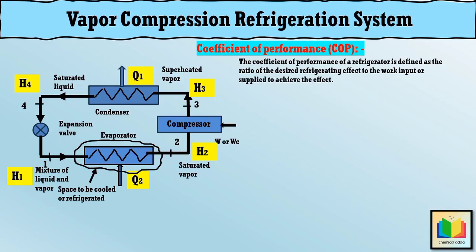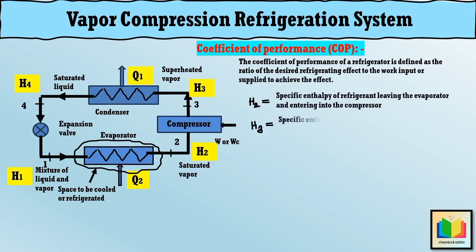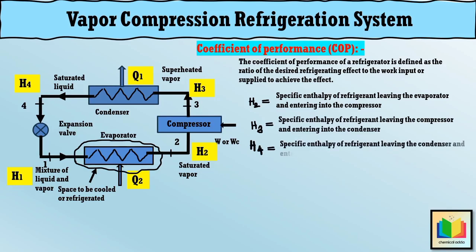So to derive the formula, first let us assume H2 is the specific enthalpy of refrigerant leaving the evaporator and entering the compressor. Then, H3 is the specific enthalpy of refrigerant leaving the compressor and entering the condenser. Next, H4 is the specific enthalpy of refrigerant leaving the condenser and entering the expansion valve.